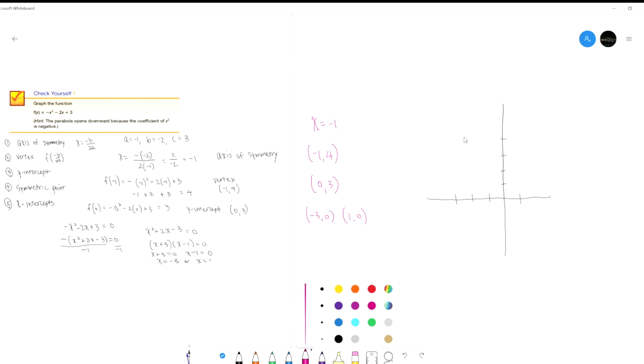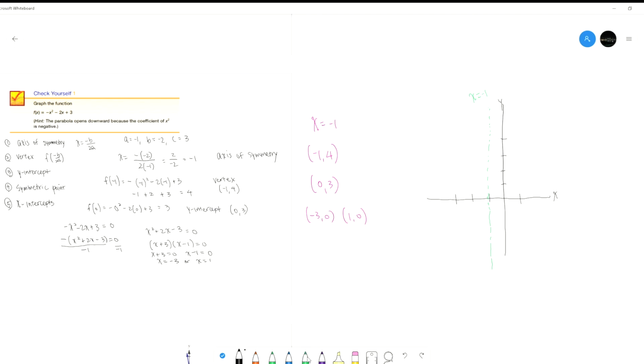So I have my axis of symmetry. I'll draw with this thin green line. It's at where? -1. So I have this vertical dotted line, which is the axis of symmetry, like that. And I'll just label it x is equal to -1. Well, I should label the y-axis and the x-axis too.